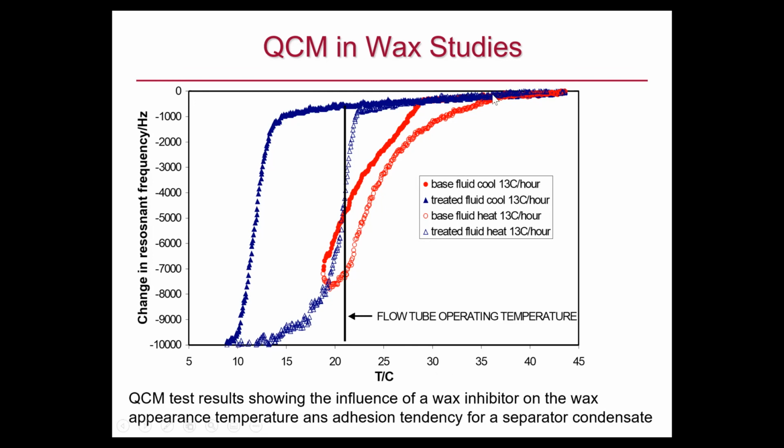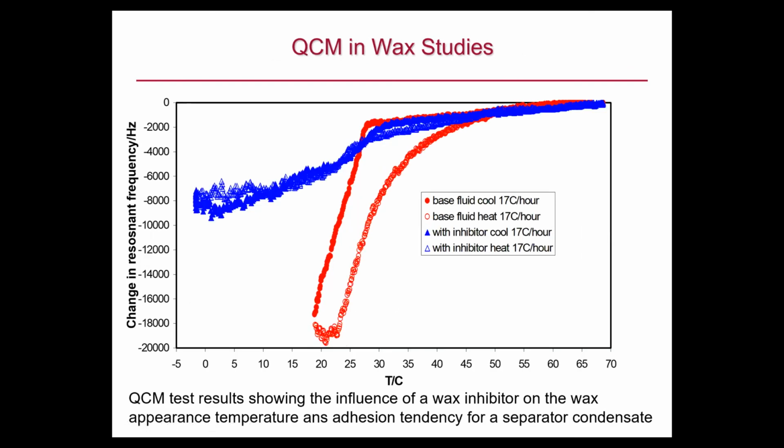Even if you want to be more accurate, then you need to increase to 37 degrees. But obviously that will be expensive, but you can use inhibitor, and you see that then you can operate at 20 degrees without wax problem.